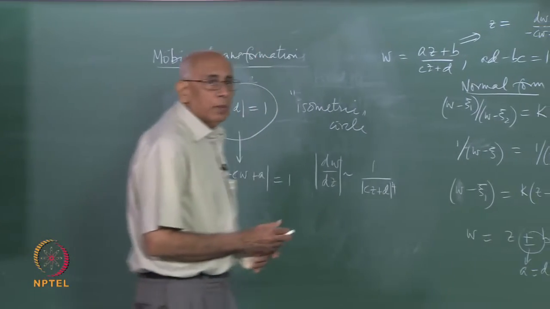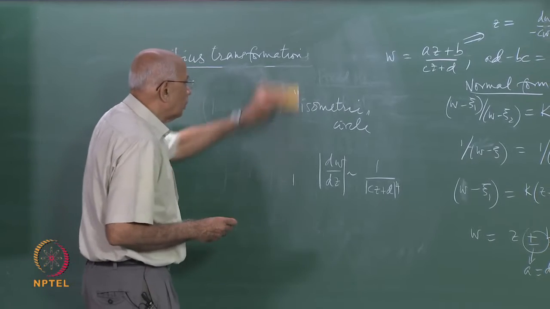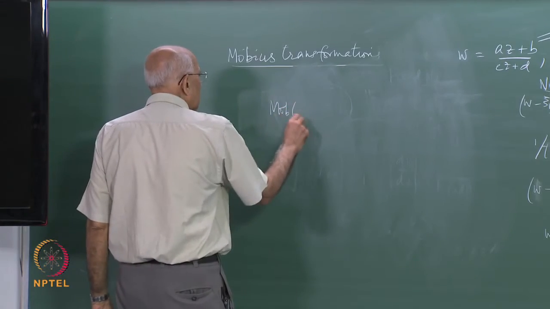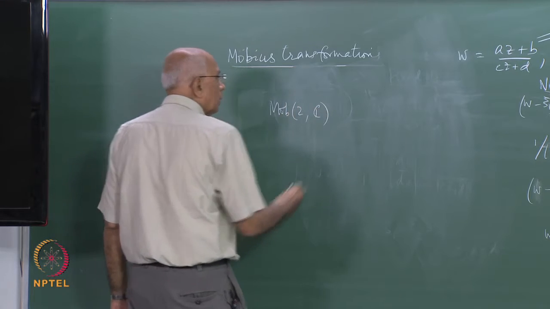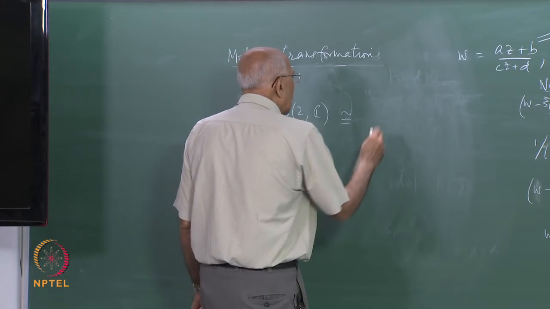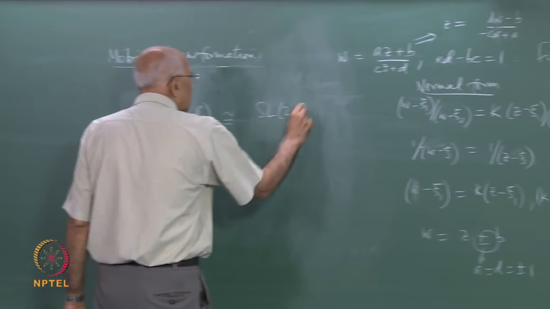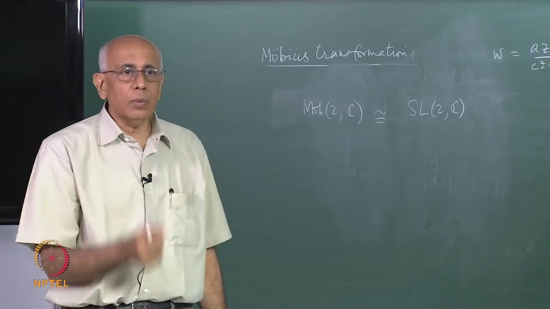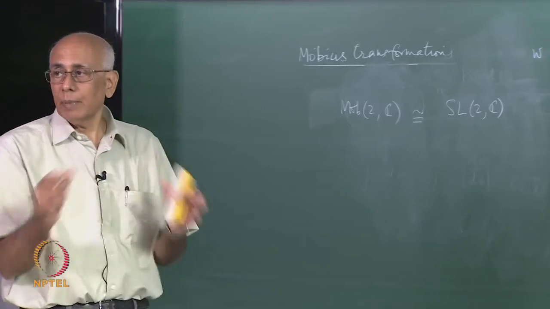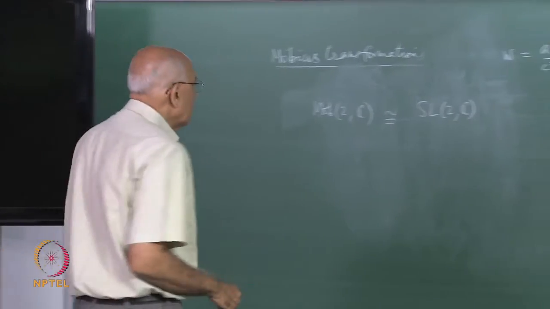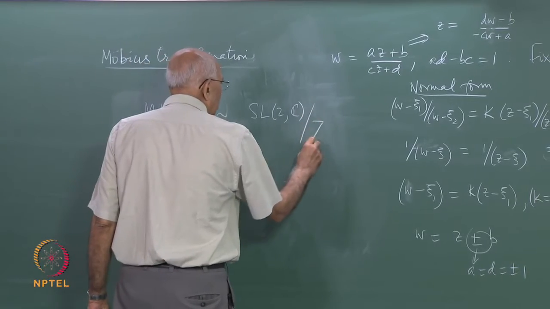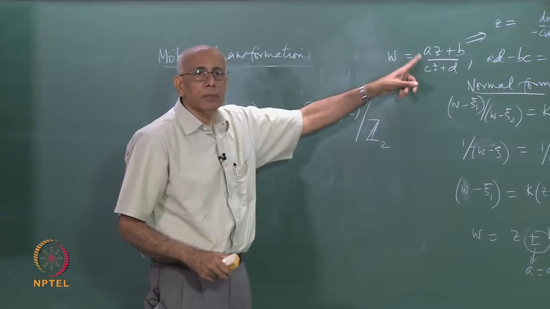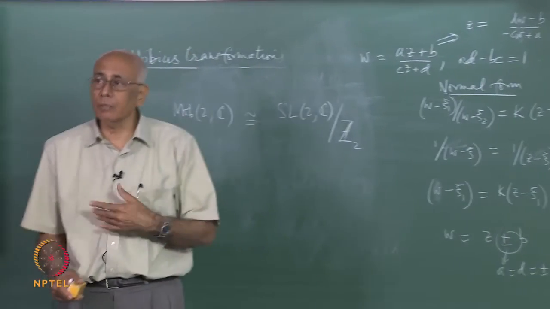So they form a group, but the group of Möbius transformations on the complex numbers is isomorphic not to the group SL(2,C), which is the group of unimodular, that is determinant 1, 2 by 2 matrices with complex entries. It is not quite that group, but it is this group quotiented with the cyclic group of order 2, because we know that this transformation does not change if a, b, c, d all of them change sign.